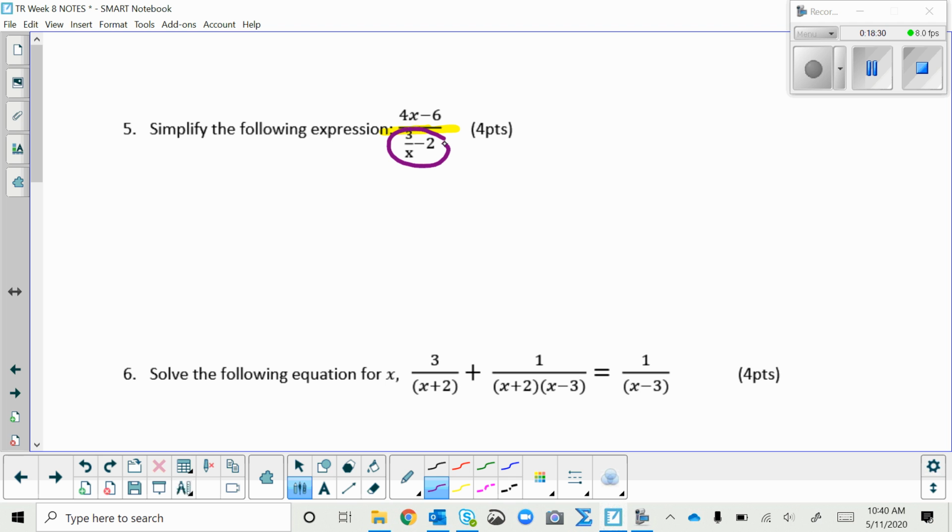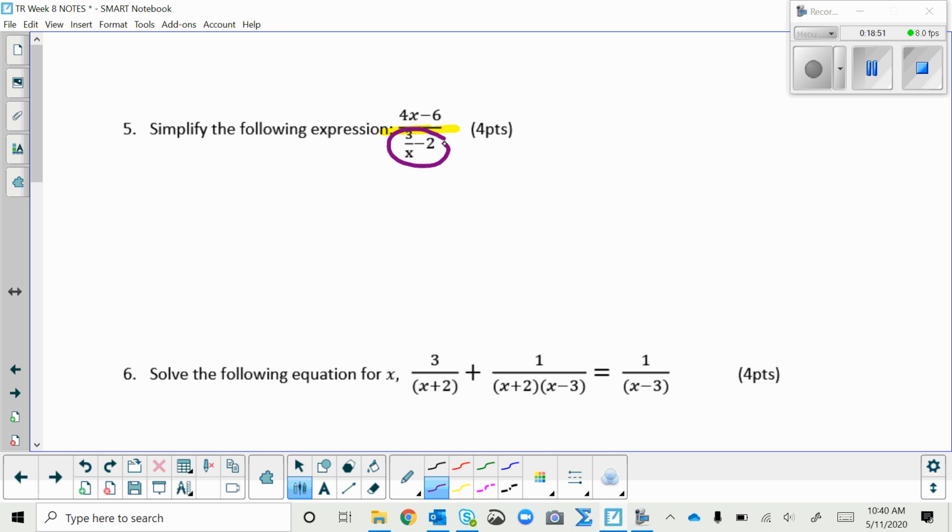It's two different things. It's two different terms. What we're going to do with that is make it into one fraction. Then we're going to start the keep, change, flip process. So don't think about the whole problem right now. Just think about that purple part that I circled, okay? And here's what we're going to do with that. We're going to get common denominator.